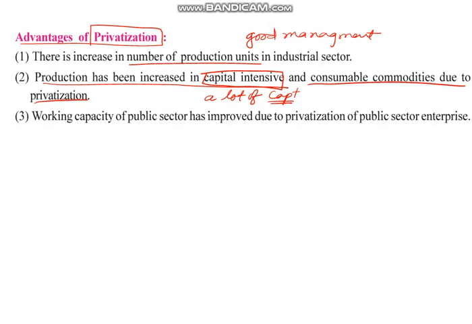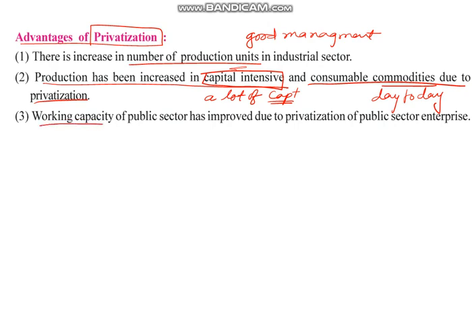And second are consumable commodities. Consumable commodities are things used in day to day life. Those kinds of industries are also now owned by private companies. Third, the working capacity of the public sector has improved due to privatization of public sector enterprises.